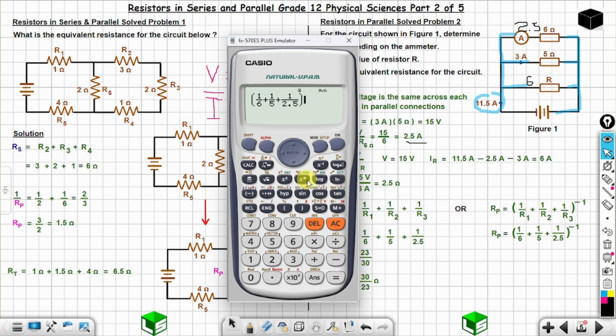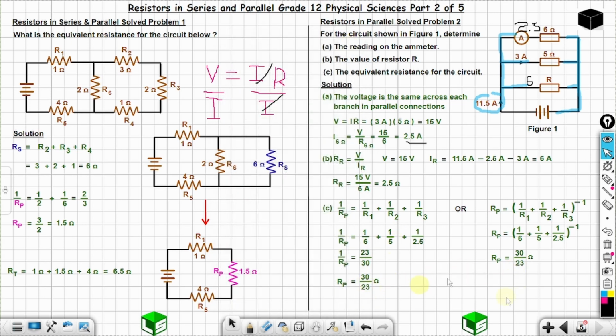So you're going to have 30 over 23 ohms, can you see? So we are done.